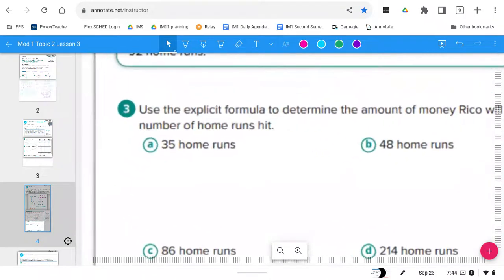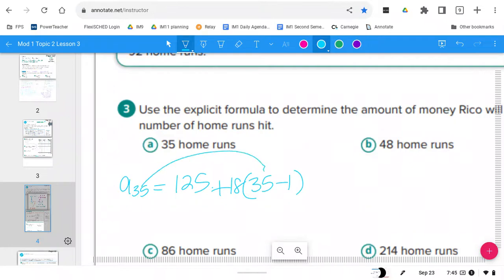Okay, so this next one here, we want to find the 35th home run. So my first term was 125, plus the distance I'm traveling is 18. And then the n is the same for both of these.